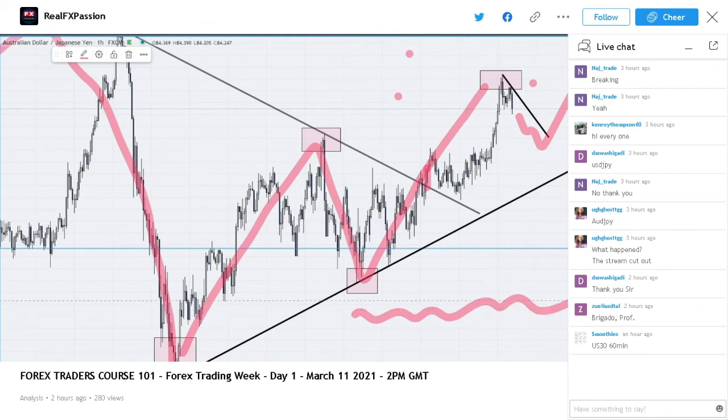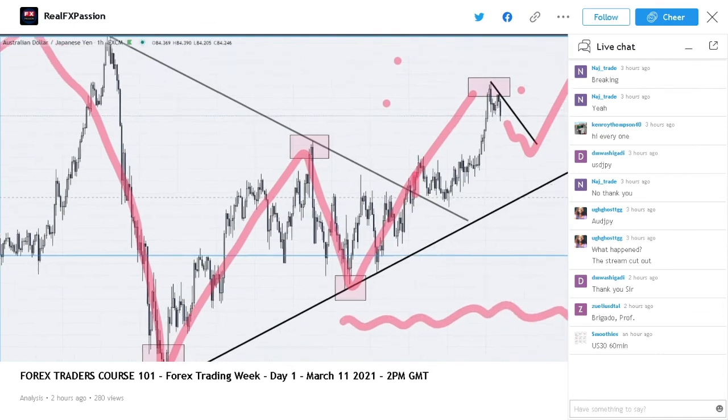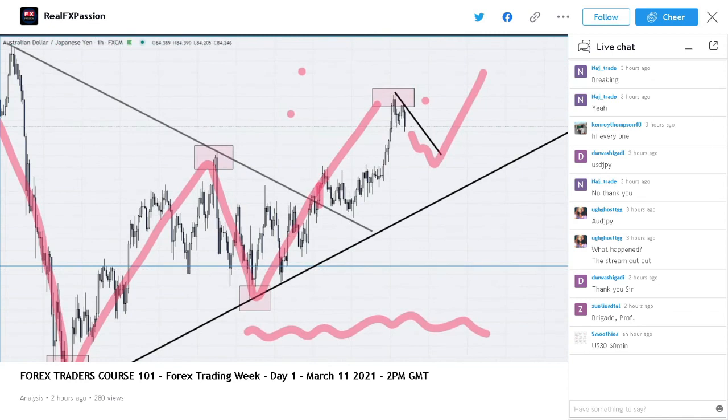Those are the rules. If I'm trading the uptrend line, stop loss according to the uptrend line.